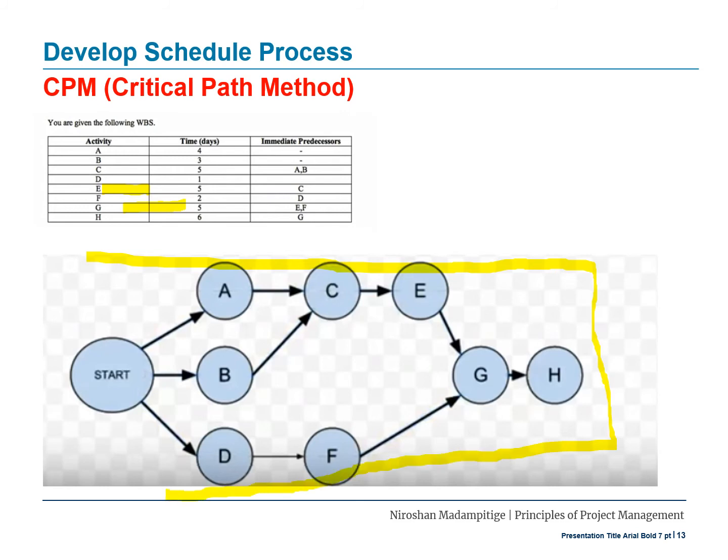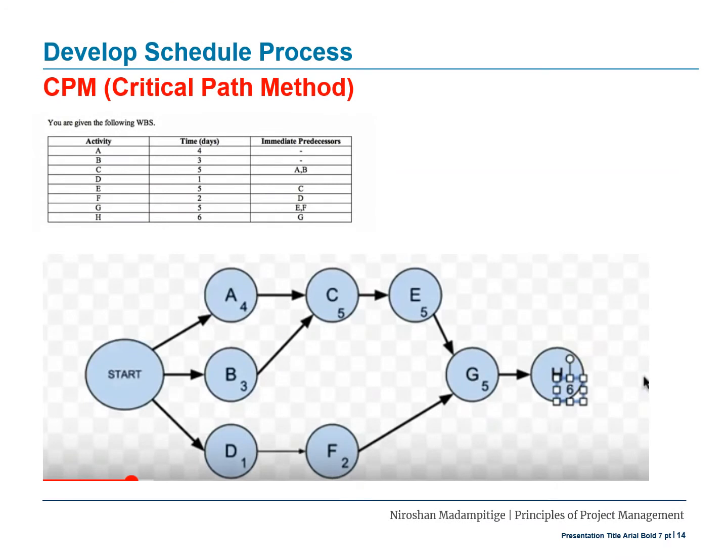The next thing that you're going to do is put down the duration for each and every activity. So that is looking at this table and filling the nodes. By the way, these circles that represent activities are known as nodes. So you put down all the durations inside the circle, inside the node.